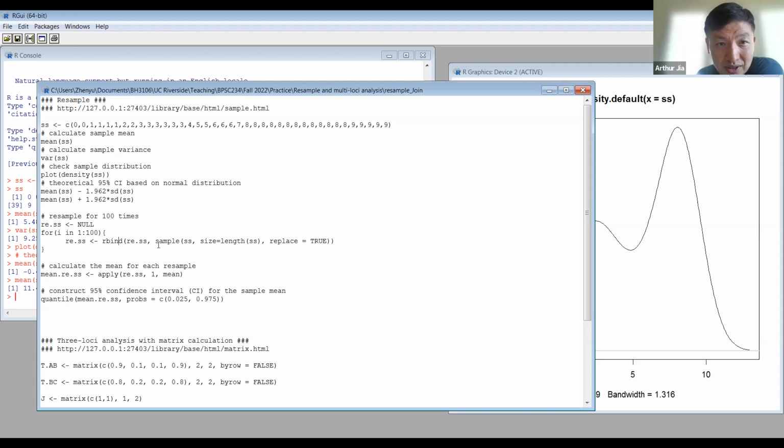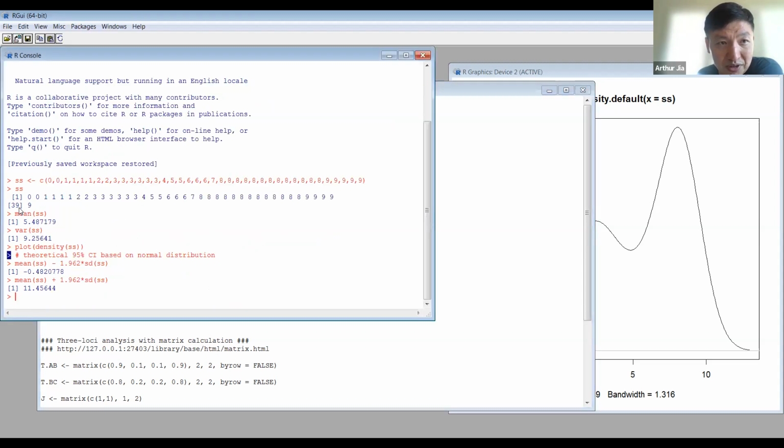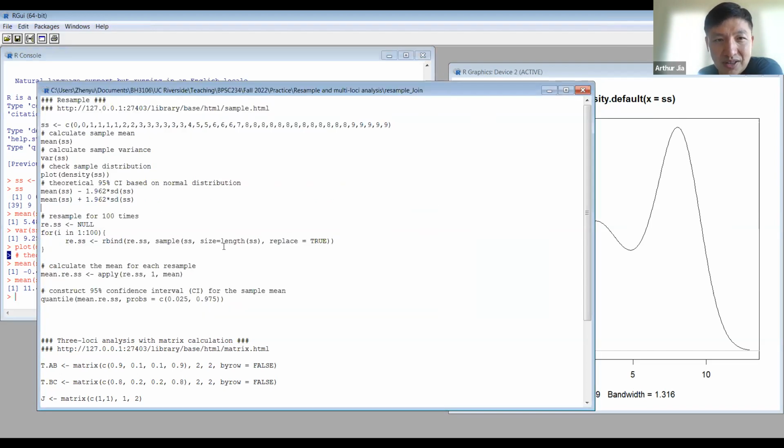What you do is sample from your original sample. SS is your original sample. You sample the same size. In the original sample you have 39 elements, so here you do the resample with the same size, 39.